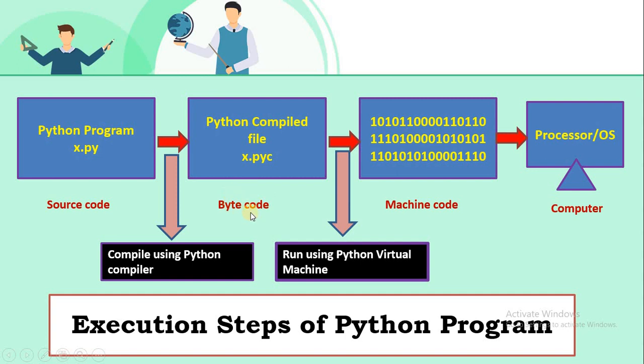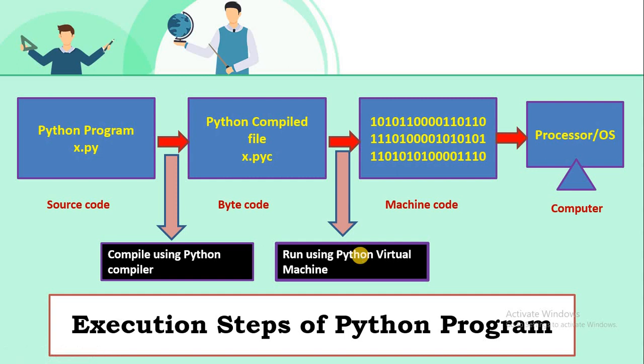This file contains bytecode. Bytecode is not purely machine code, and this is platform independent. Any machine can understand it. Then this bytecode, with the help of the PVM, Python virtual machine, will be converted into machine code. In the PVM we have an interpreter.